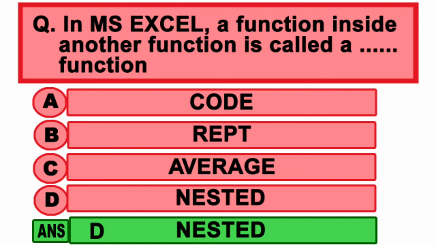The repeat function repeats characters a given number of times. Average is categorized under statistical functions. It will return the average value of a given series of numbers in Excel. A nested function is a function defined within another function, the enclosing function. It is also called an inner function.